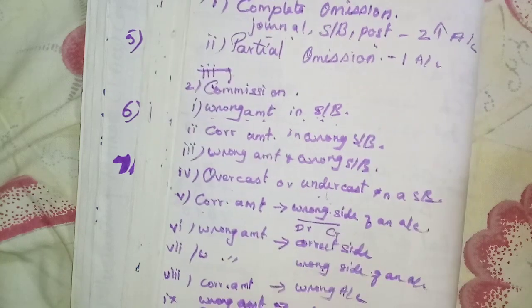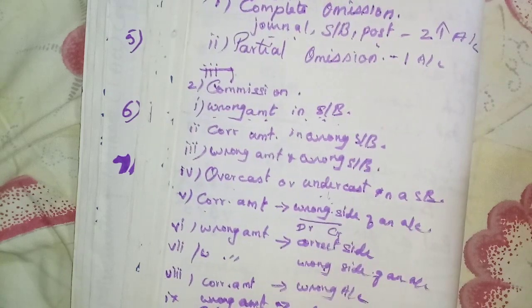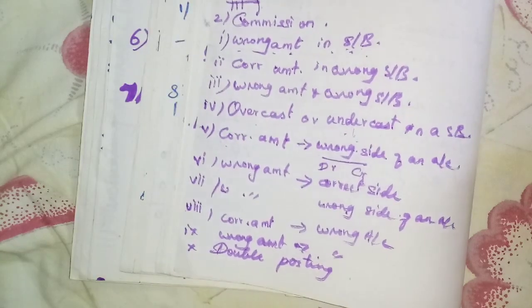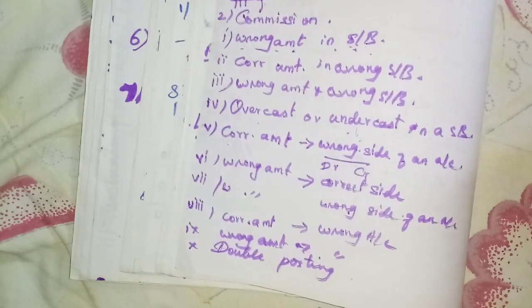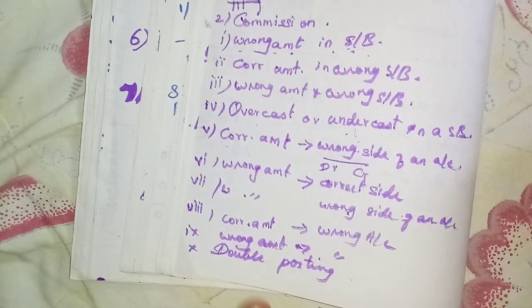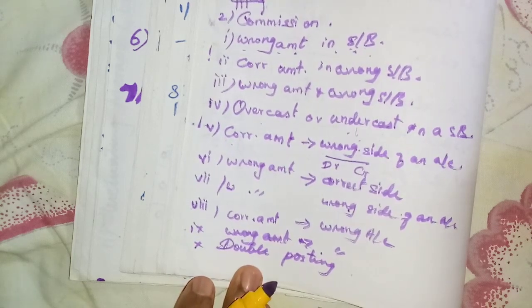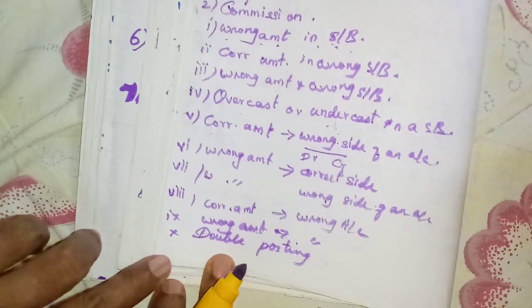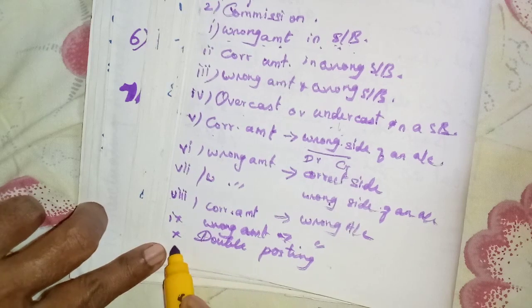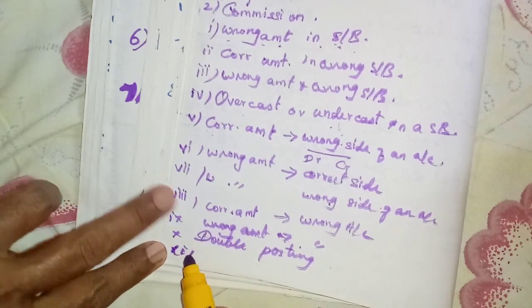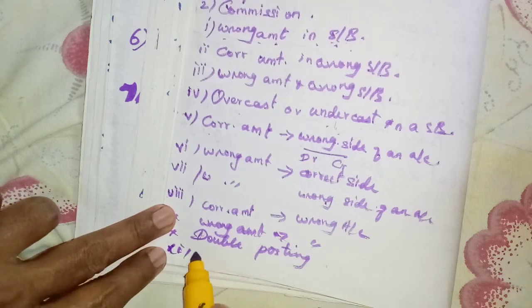Because we make many mistakes when we write a test also. We can write the same thing twice. But if we write the correct thing twice, that becomes an error. In the same way, double posting, then double entering in the journal.